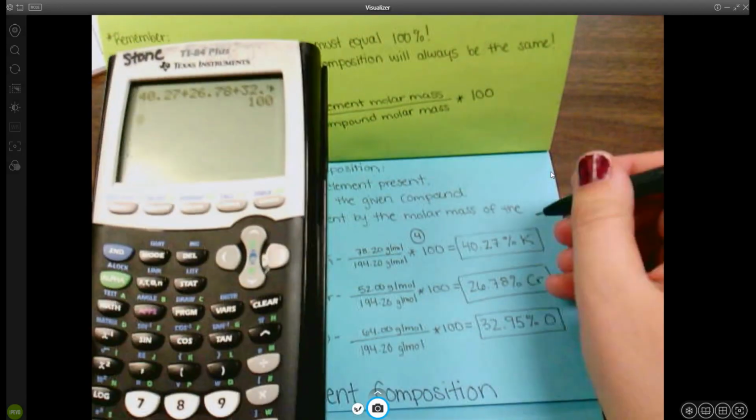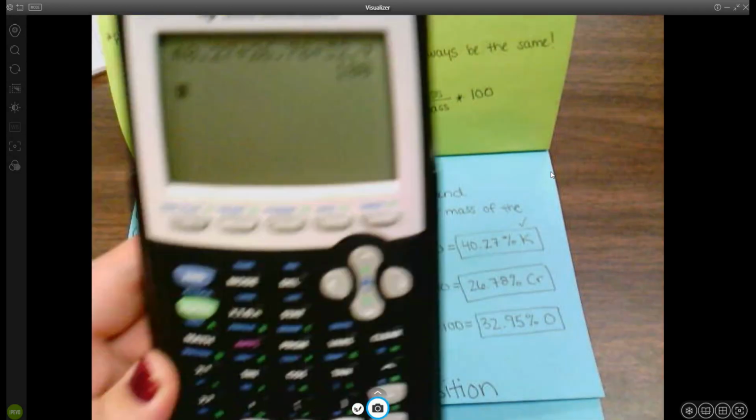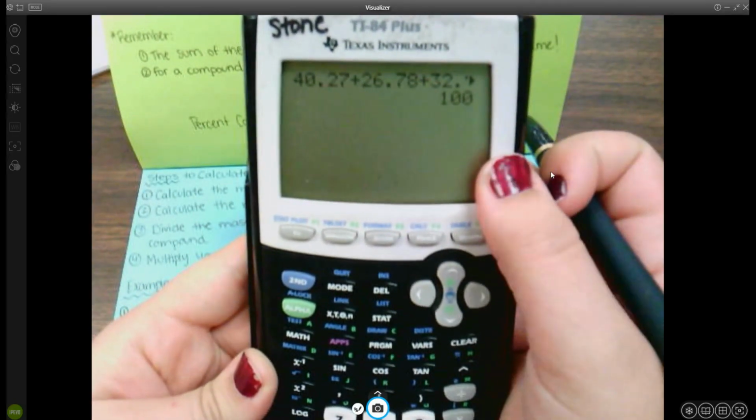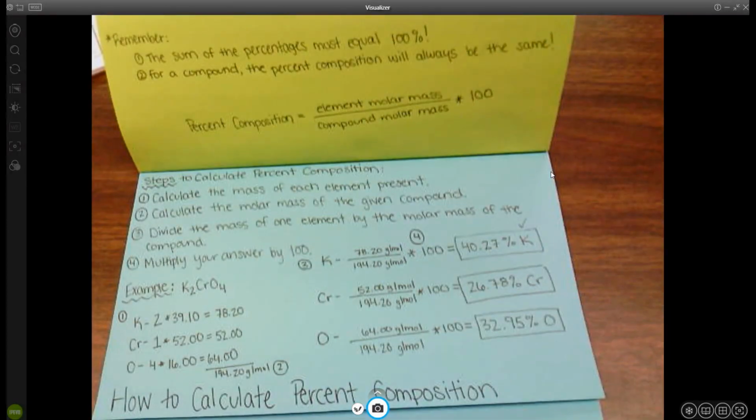So I know this is good. I'm just going to check it off because I know I checked my work. If you get 101, 100.99, 99.99, that's close enough. But if you're getting like 83 or 110, you're probably going to want to redo your work.